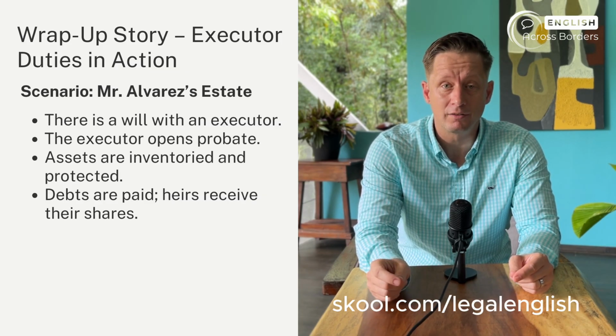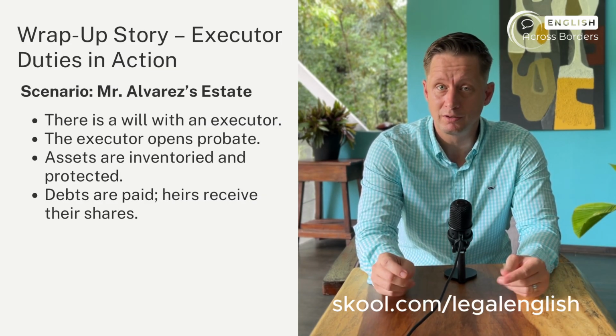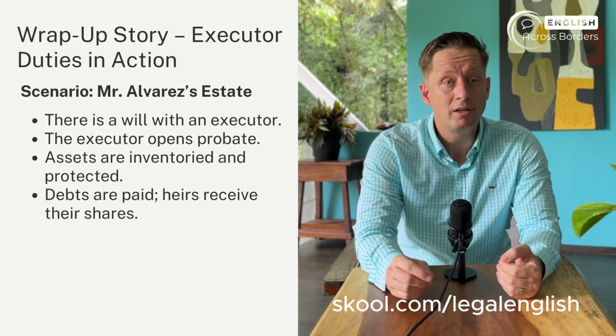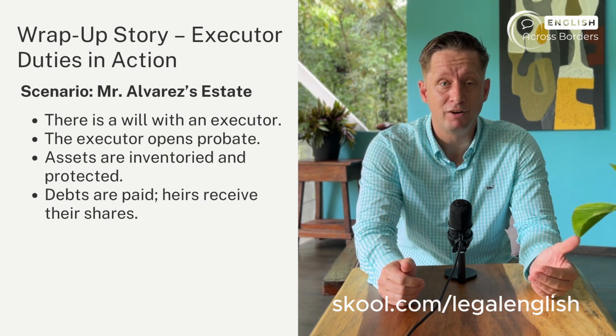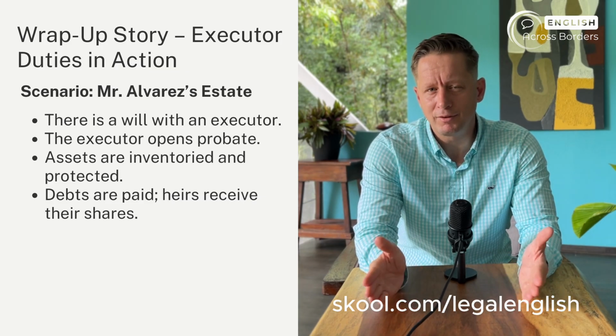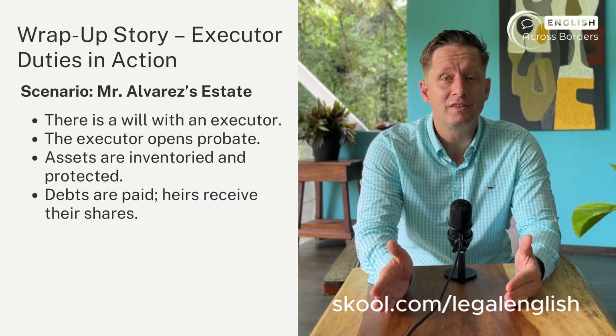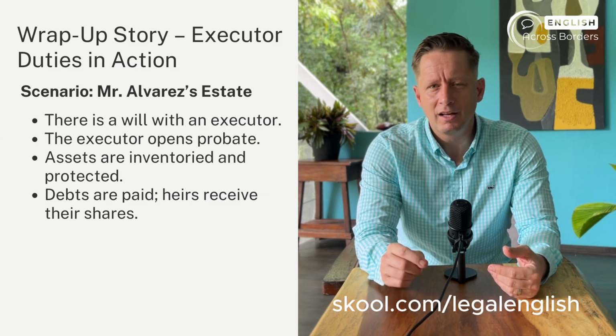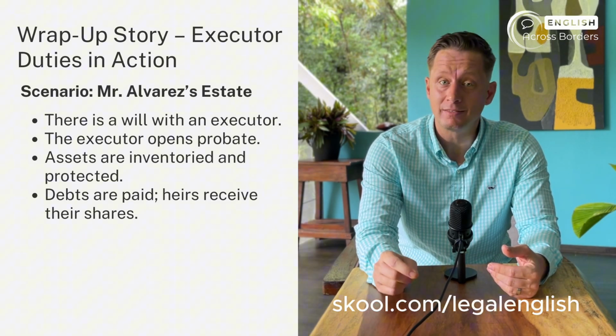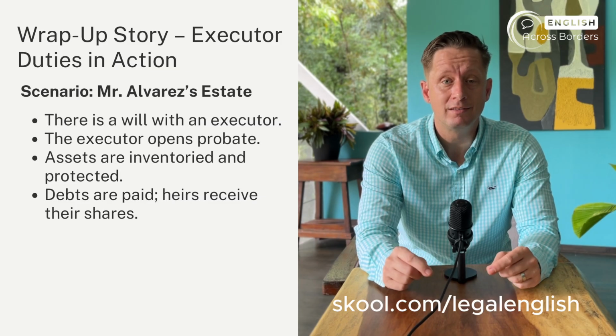There are heirs. The spouse and 2 children are recognized. Because of community property, the spouse keeps her half first. Only Mr. Alvarez's half enters the estate for distribution. There are debts. Elena pays them from the estate's accounts before distribution.